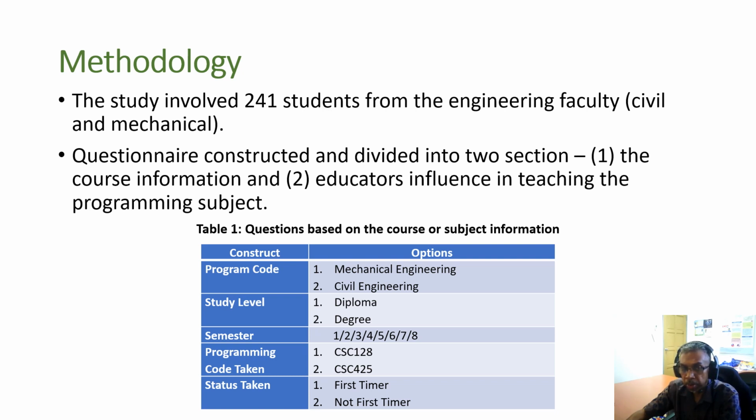CSC 128 is specifically for diploma students, while CSC 425 is for degree students. And the last one is the status taken. Status taken means either this is the first time they register for the programming paper, or maybe some of the students have to repeat the subject for the second or third time.